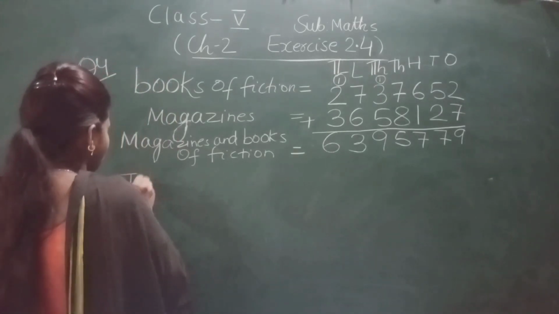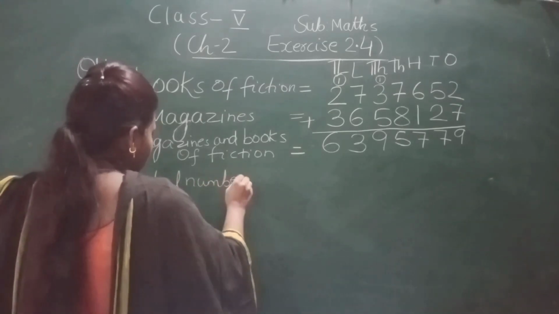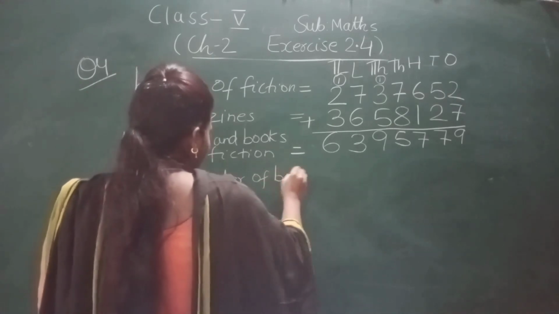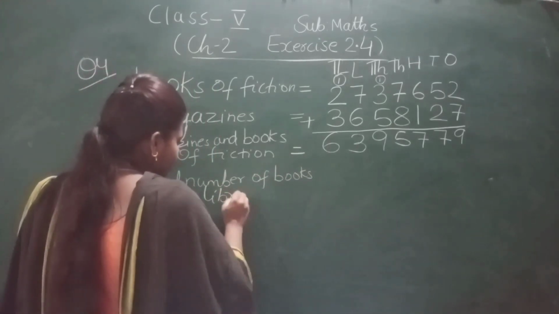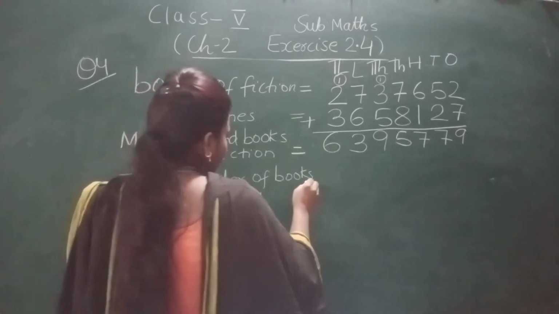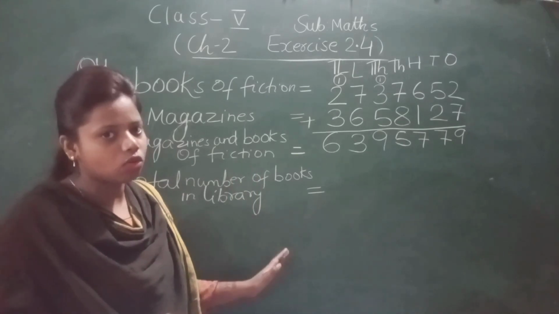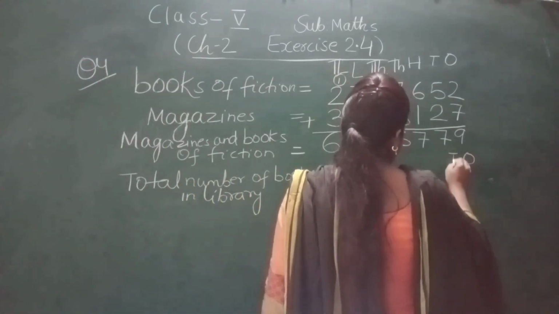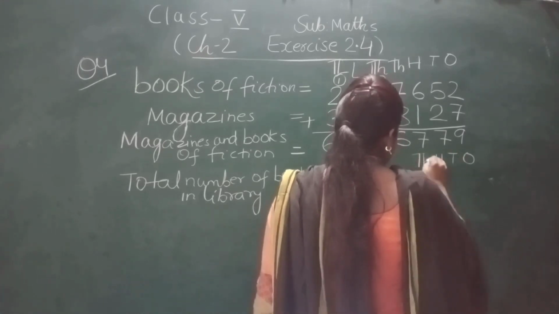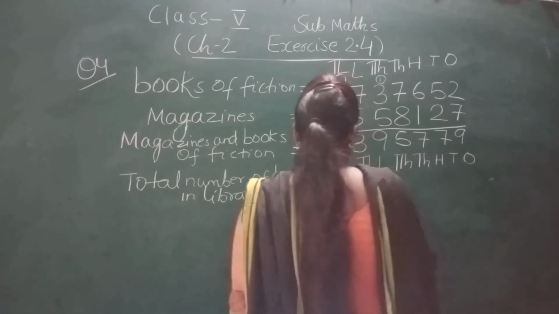First we will write the total number of books in the library. It is given up to the crores place. So we will write here ones, tens, hundreds, thousands, 10,000, lakhs, 10 lakhs, crores.